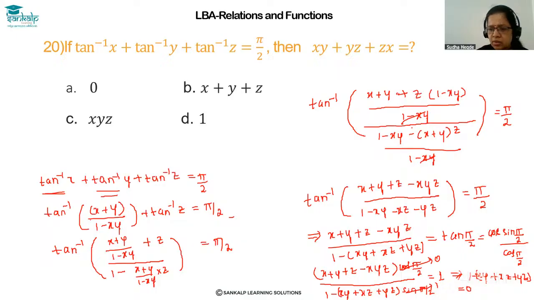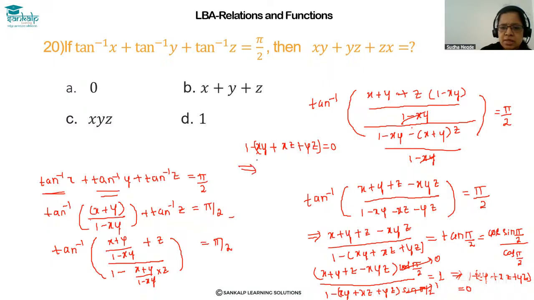Okay. So what you got is 1 minus, I am writing here, xy plus xz plus yz is equal to 0.